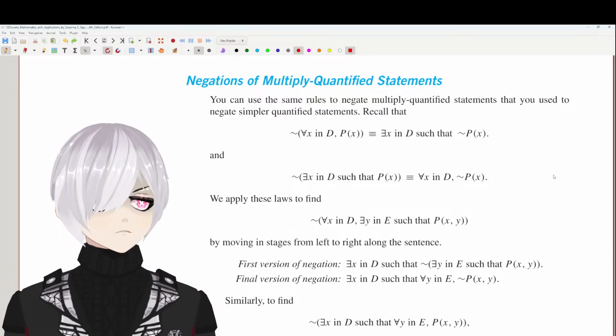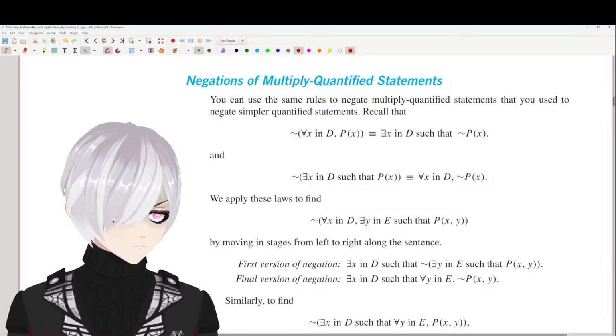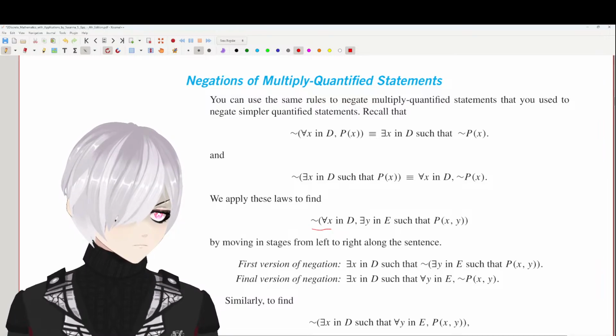First version of negation. Firstly, we're negating a for all statement. So that's going to become like everything has this property; the negation is going to be there is something that doesn't have the property. So there exists an x and d such that not there exists a y and e such that p of x y. Now we have the negation of an existential, which is going to be a for all statement.